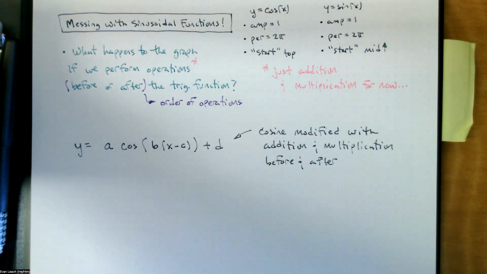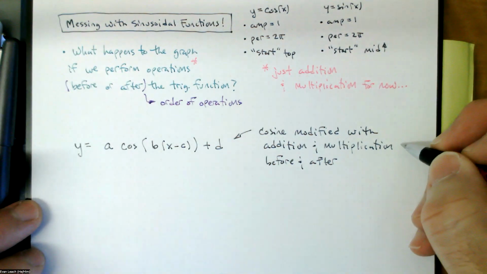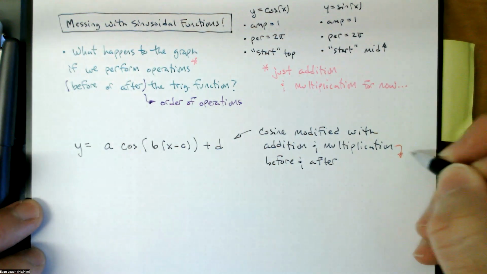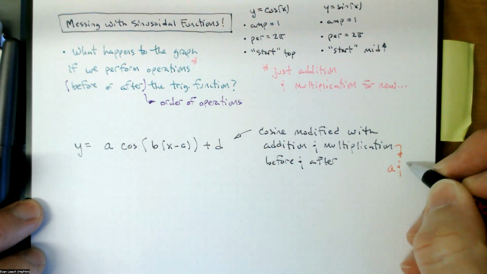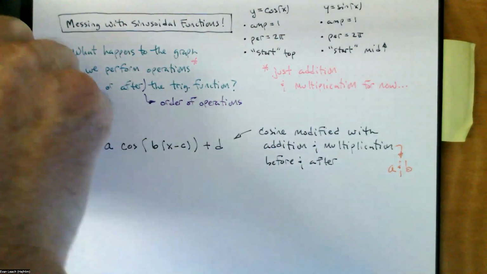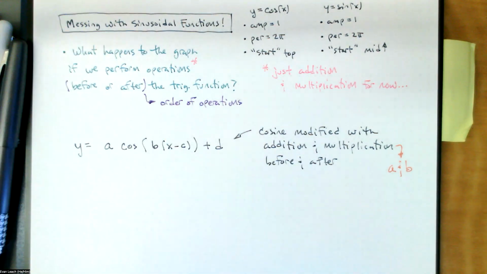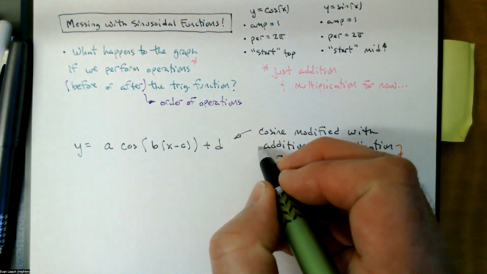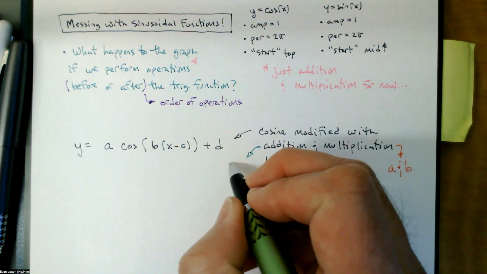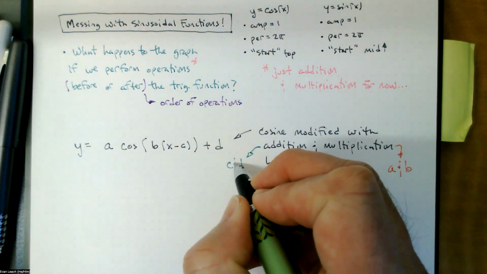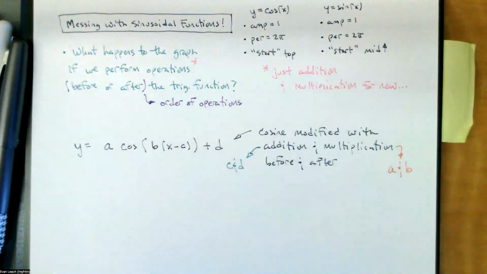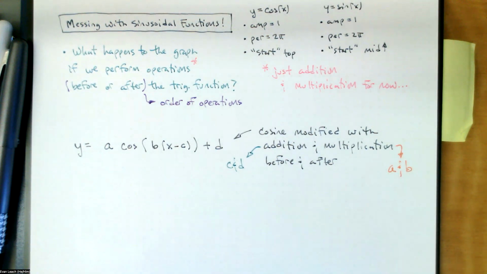So the multiplication modifications are A and B. It's A times cosine and it's B times the difference of X and C. The addition modifications are C and D. X minus C, and there's a plus D.